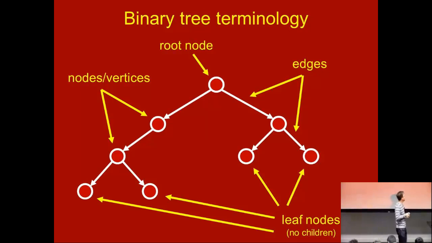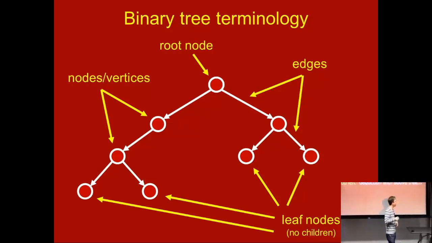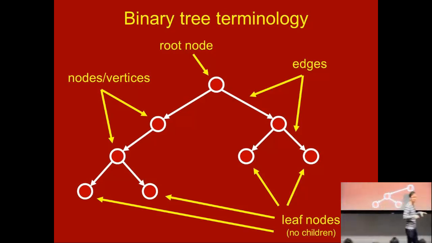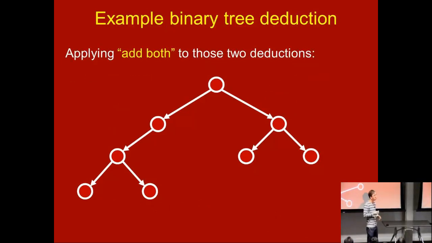OK, and now maybe we could apply the add left deduction to this binary tree. And we get this tree. And then maybe we could apply the add both deduction to, let's say, this tree and this tree. Actually, you have to decide whether this will be the left tree and this will be the right subtree, or vice versa.